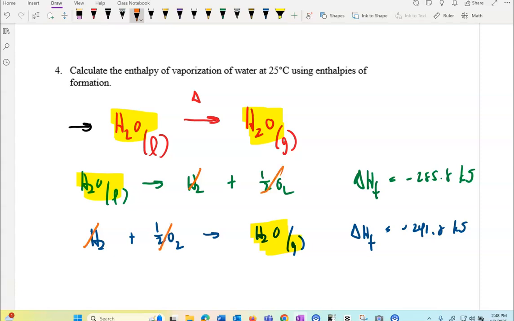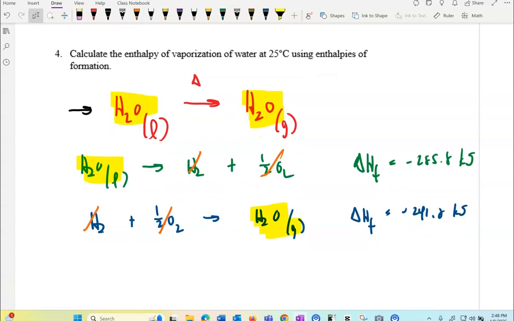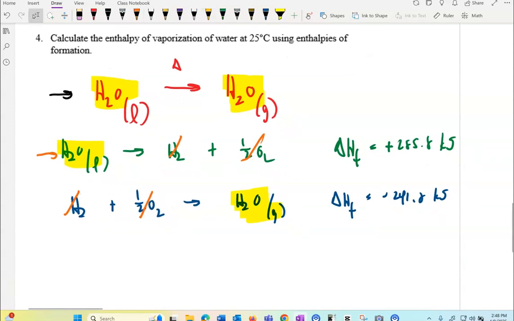H2 cancels. 1/2 of an O2 cancels, and that means that because I flipped this reaction backwards, this is now positive 285.8. So all I'm going to do is add these together.